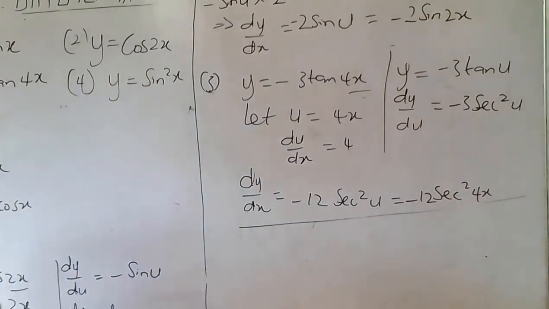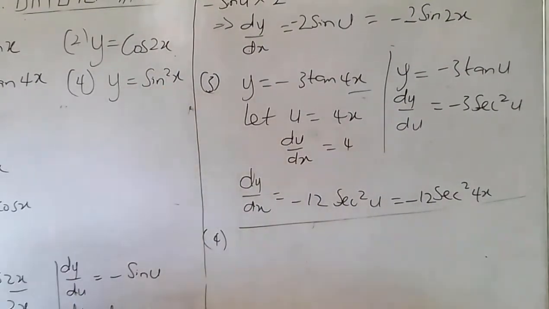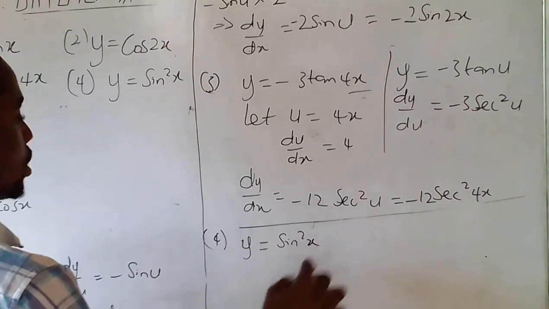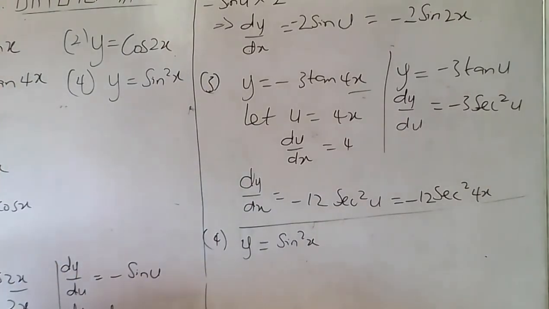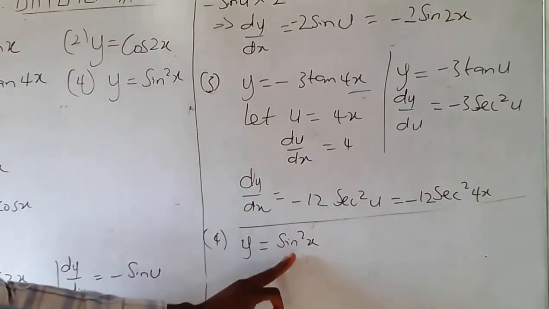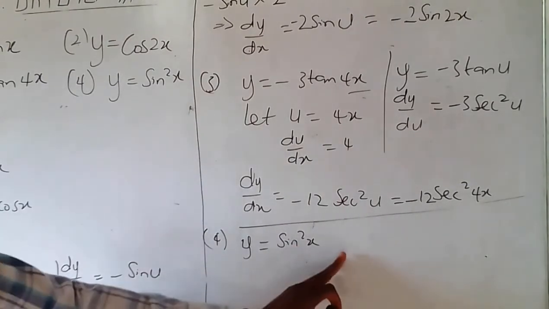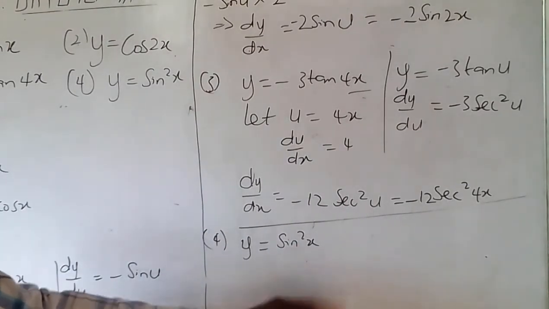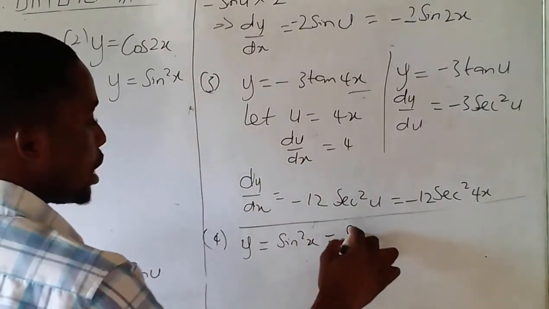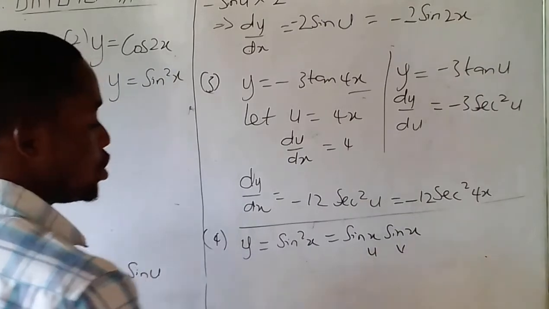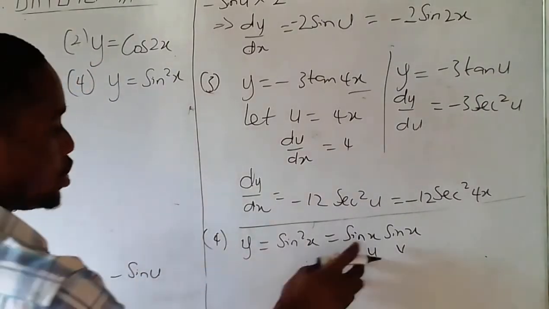And for number 4, y is equal to sine squared x. Now for this case, to easily differentiate this one, you can split sine squared x into 2, which becomes sine x times sine x, and you use product rule, where this is u, this is v.